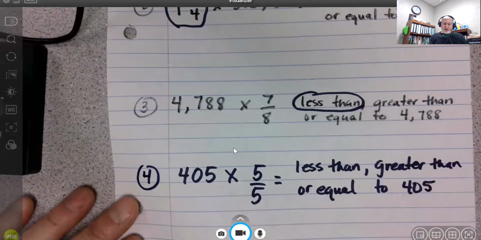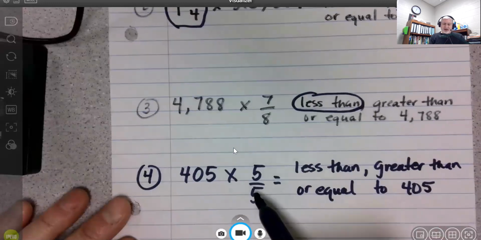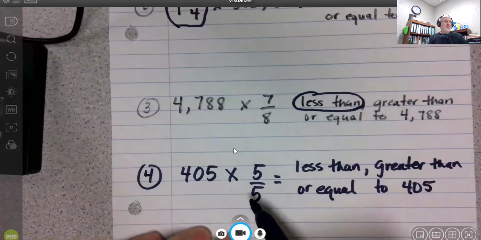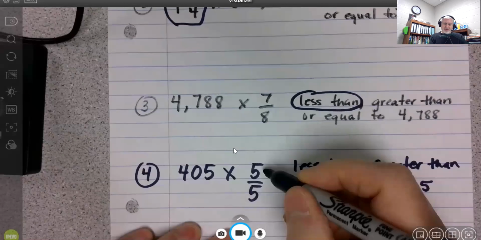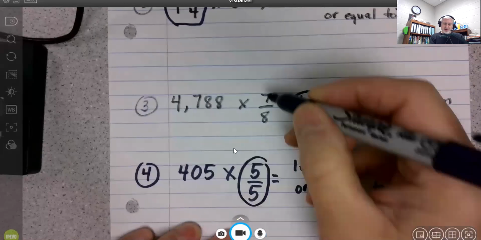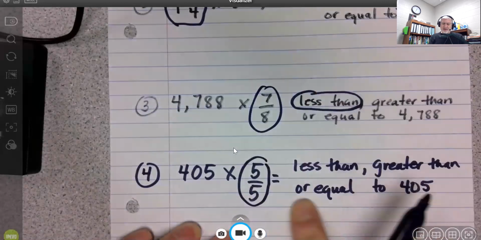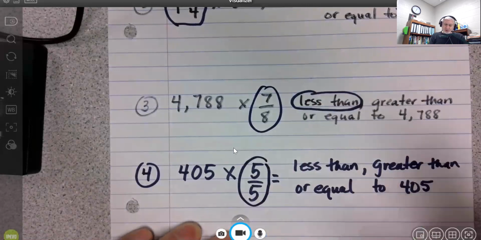Okay. Well, now we got to look at 5/5. Is 5/5 less than 1, equal to 1, or greater than 1? Hopefully you'll say that 5/5 is equal to 1. So our answer then should be equal.